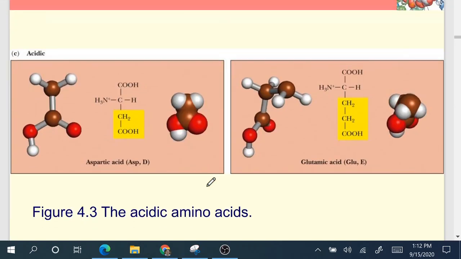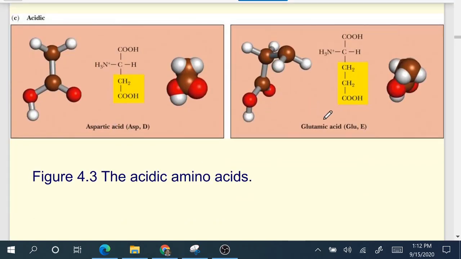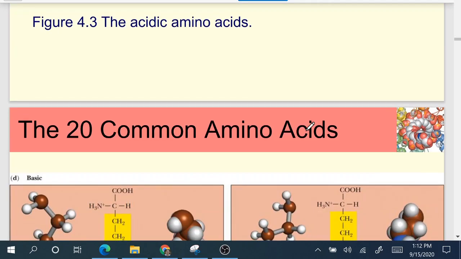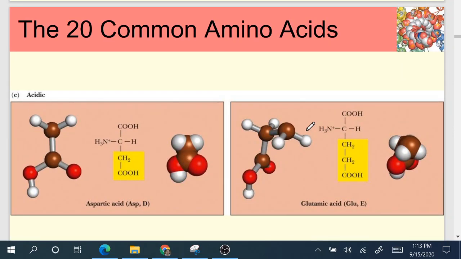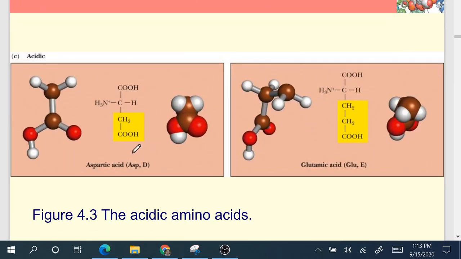Alright, and here are the acidic ones. We have aspartic acid and glutamic acid. Here are the side chains in yellow for those. And this slide is a little confusing here because it lists aspartic acid and glutamic acid with that hydrogen on it. So remember, these are carboxylic acids. That COOH group is really this.